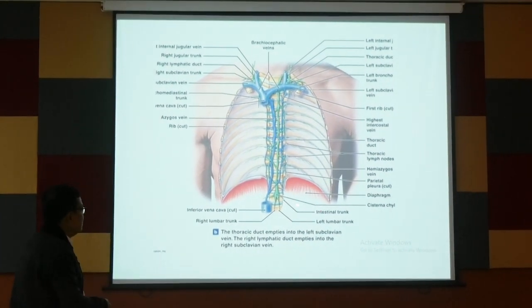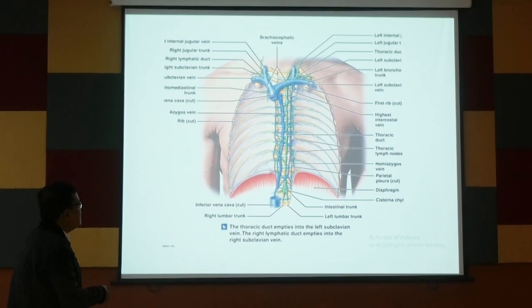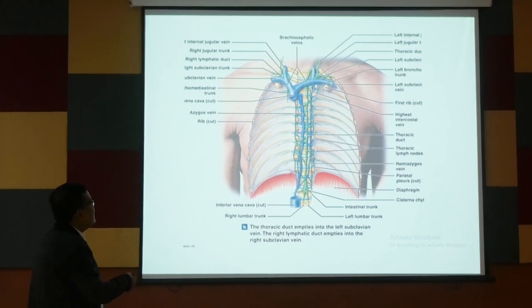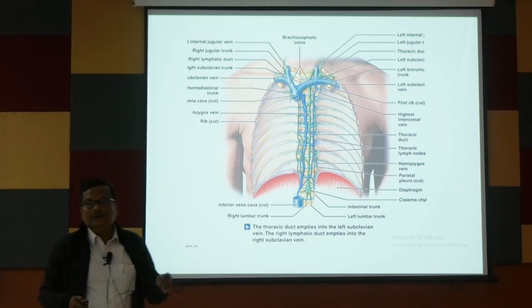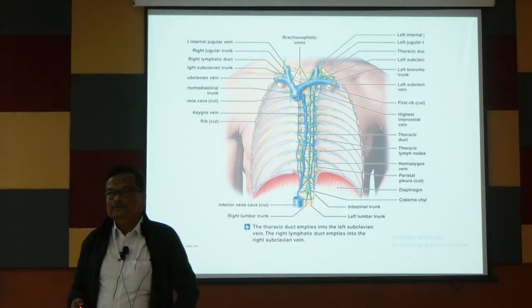So look at this picture, a beautiful picture. Ultimately small lymph vessels join together to form a large vessel, and this large vessel ultimately drains into a larger vein, so that ultimately even the fat goes to the blood.